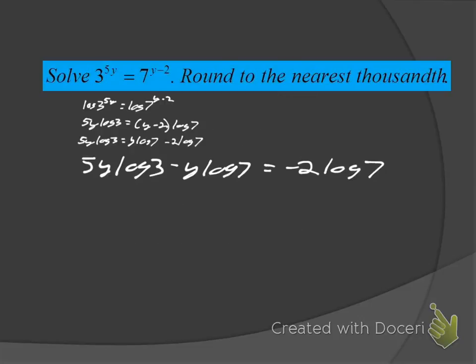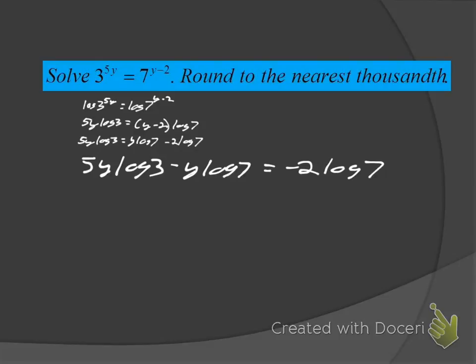Okay, now, instead of, like you would normally do, if it was like 2x minus 5x or whatever, and you just make it negative 3x and combine the like terms that way, you can't do that with these logs. So you have to take another trick out of the book, and that trick is we're going to factor out a y.